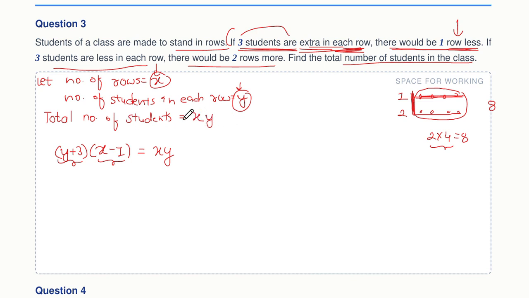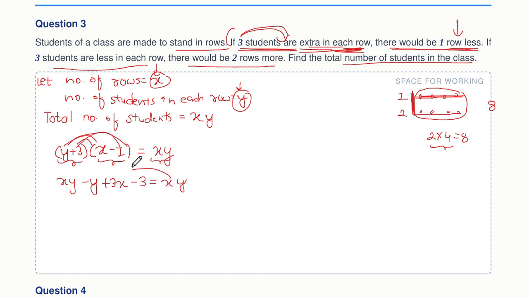So the total number of students is not changing, because if you are taking 3 students extra in the row, then the row will automatically decrease. So the total number of students will be x into y on the right hand side. So if you multiply x into y, xy, then y into minus 1, minus y, 3 into x, plus 3x, and plus 3 into minus 1, minus 3, is equal to xy.